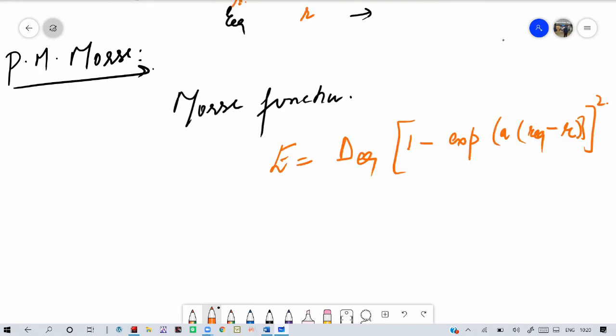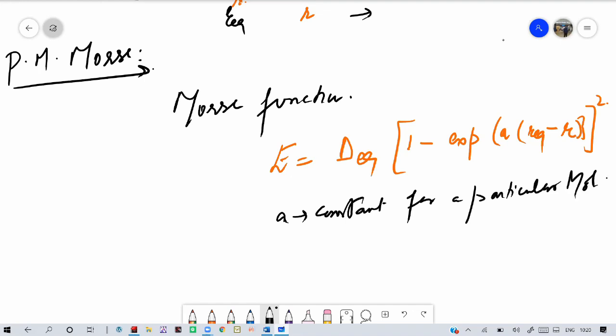And this a is a constant for a given molecule. r equilibrium is the equilibrium distance, r is the total distance up to which you stretch it. This D is the dissociation energy at equilibrium.